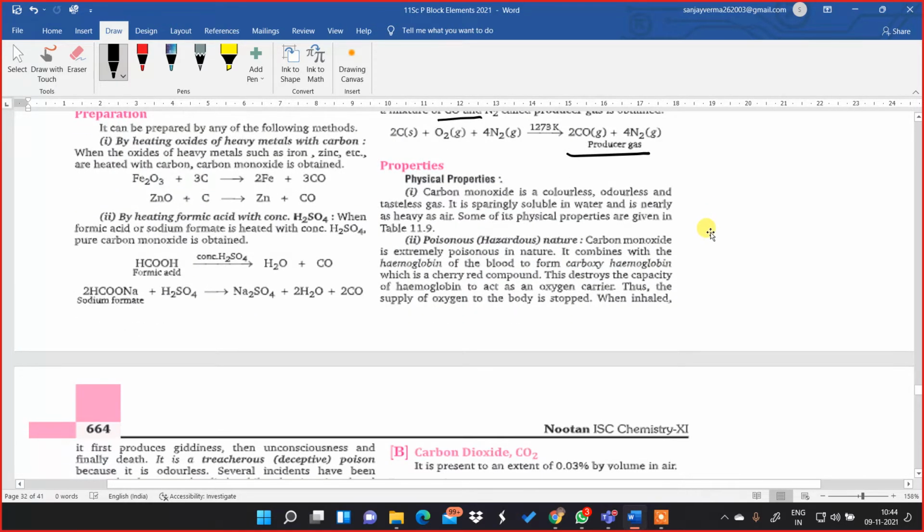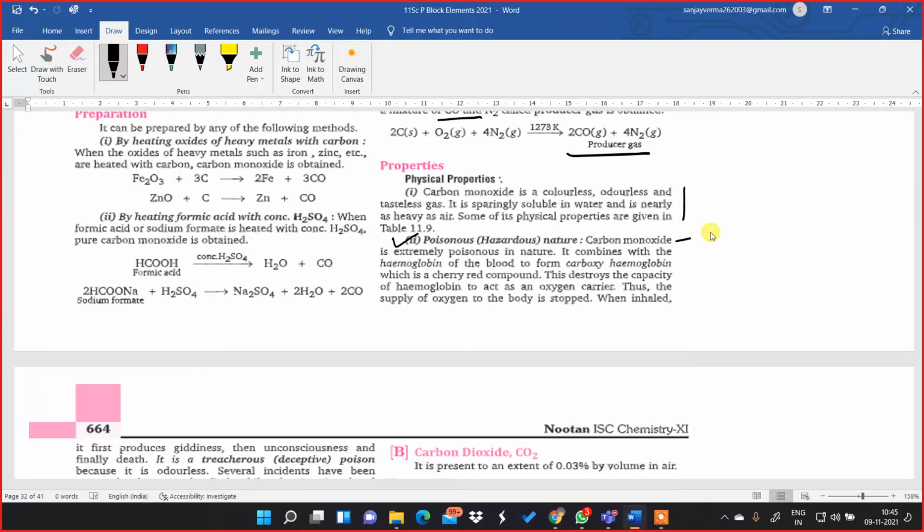Under physical properties, we know it is a colorless, odorless, tasteless gas, sparingly soluble in water, and nearly as heavy as air. Now, the poisonous, hazardous nature is mentioned here. How is it poisonous to human beings?